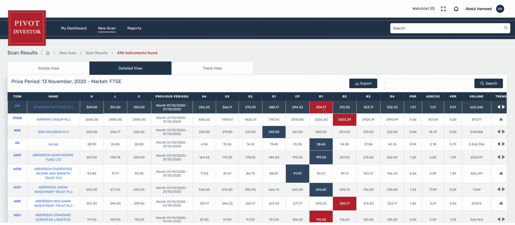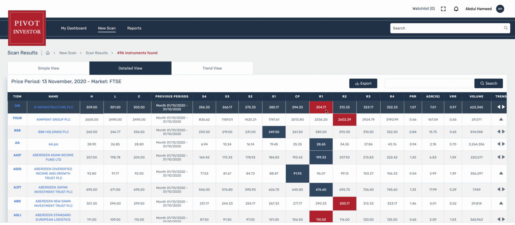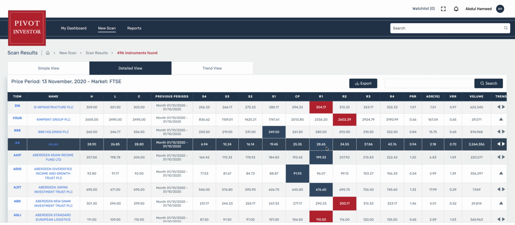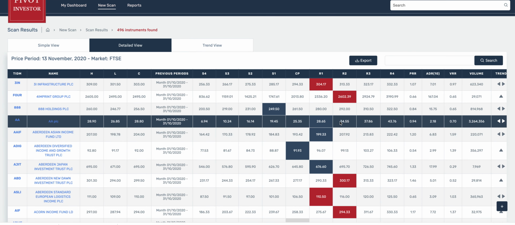The red here indicates price crossing the pivot but failing to close above it, i.e. price closing below the pivot subsequently, and the blue indicates price crossing it and then subsequently closing above it, as we see in the example of AA over here.